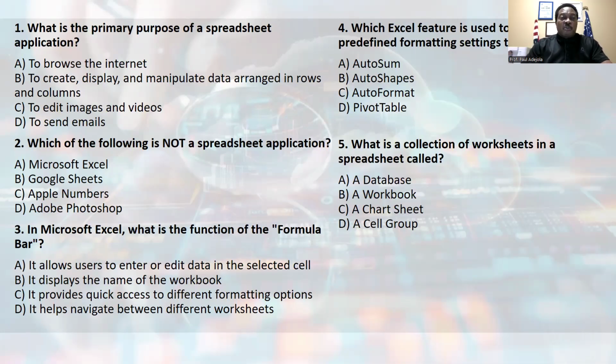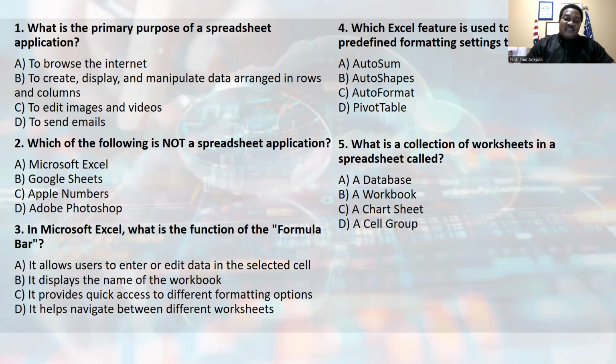Question 1. What is the primary purpose of a spreadsheet application? To browse the internet, to create, display, and manipulate data arranged in rows and columns, to edit images and videos, to send emails. What's the answer?